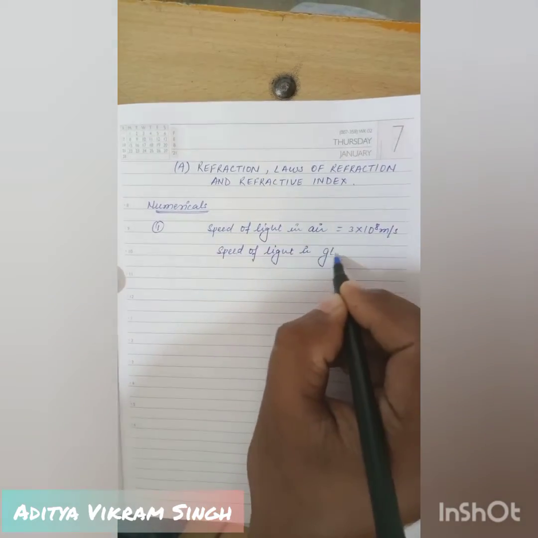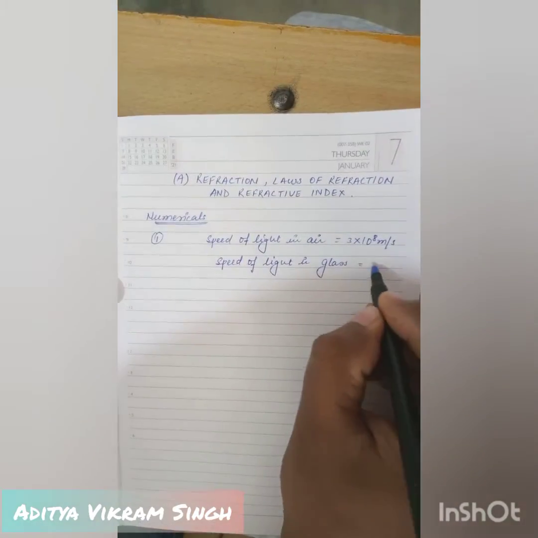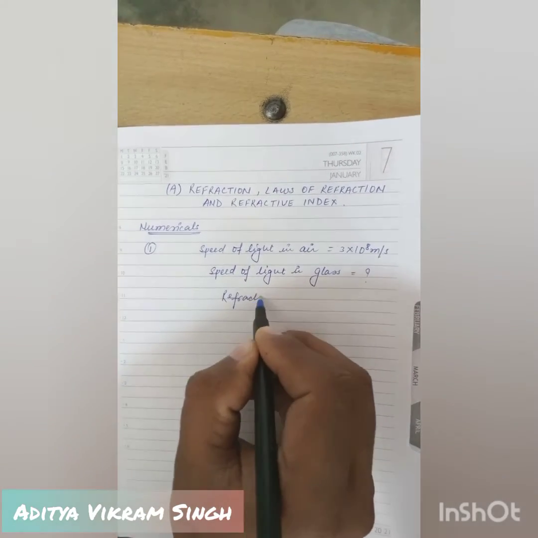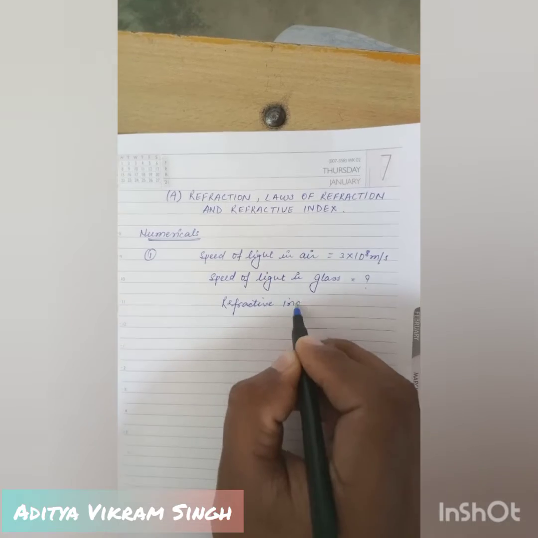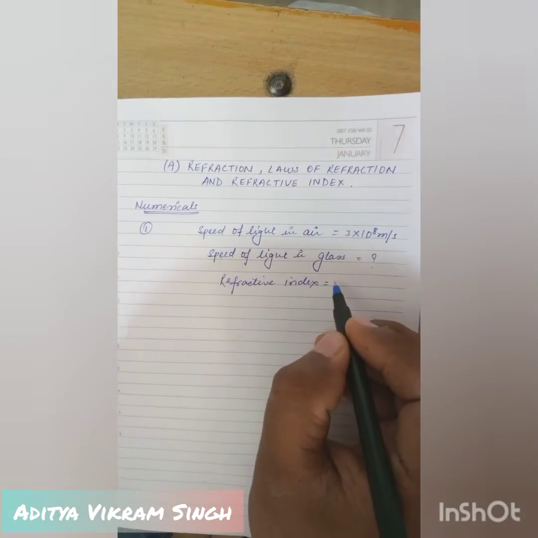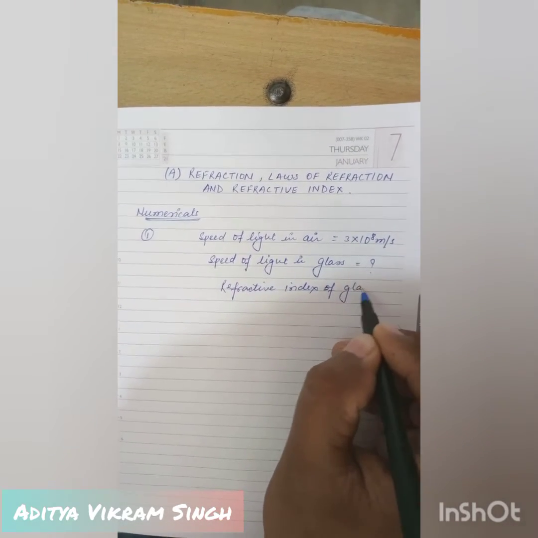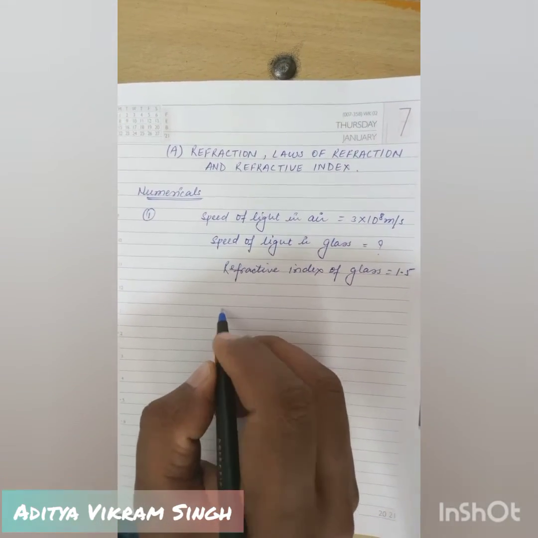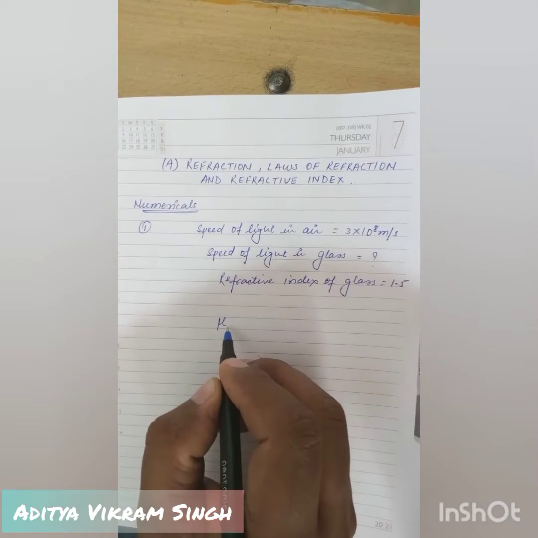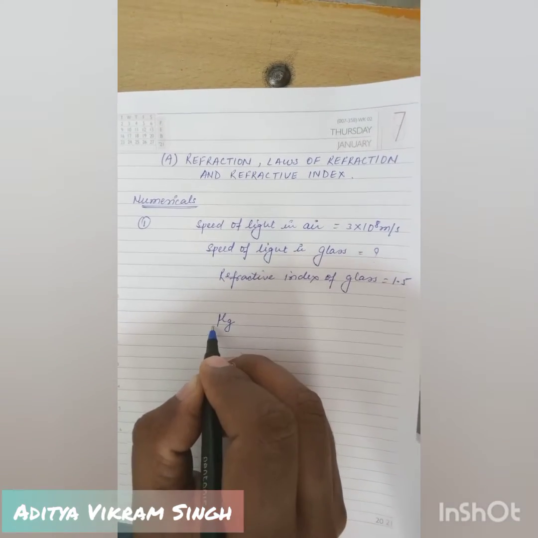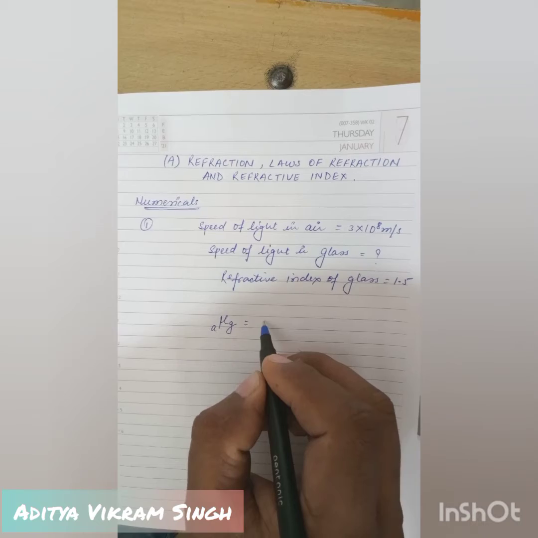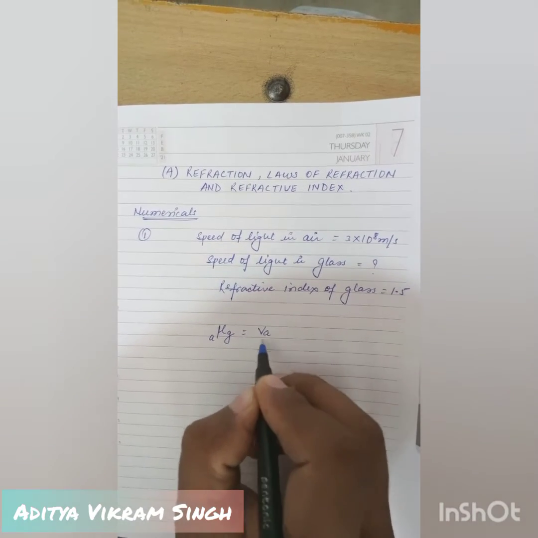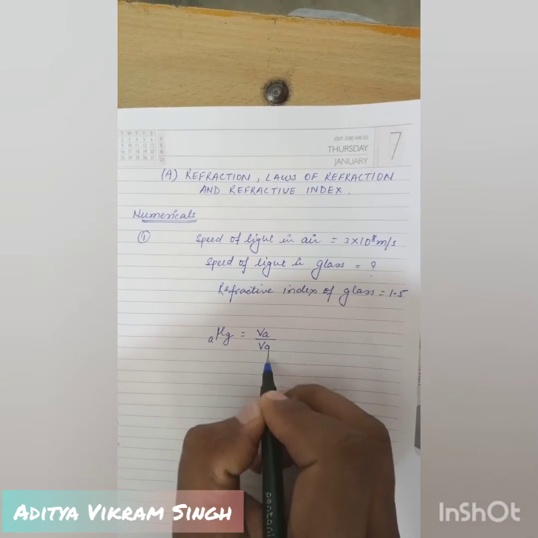in glass. Okay, this we have to calculate, and we know that the refractive index of glass is 1.5. So by applying the formula, refractive index of glass with respect to air is equal to velocity of light in air to the velocity of light in glass.